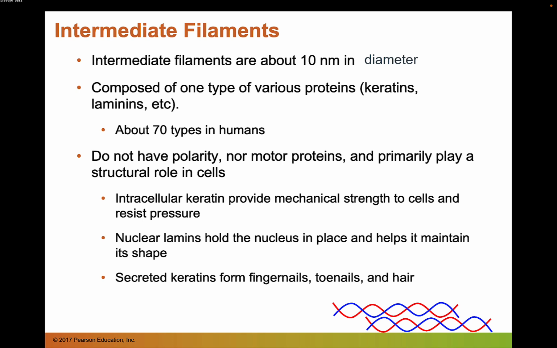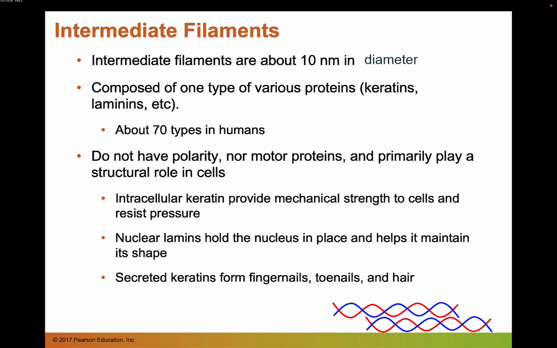There are about 70 different types of intermediate filament proteins in humans, but what they do is they assemble into these large strands that then form helical structures with each other, and then those helical structures assemble to form these bundles, and that's what helps them maintain cell shape. Because they're all kind of similar proteins, they do not have polarity, and they do not have motor proteins that interact with them, and so their primary role is to support the structure of cells.